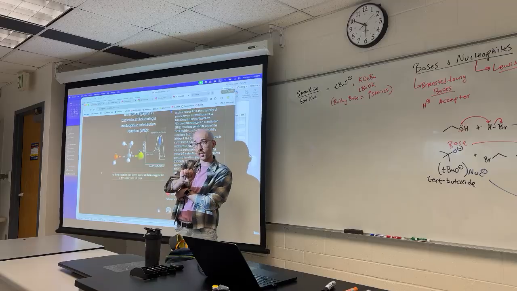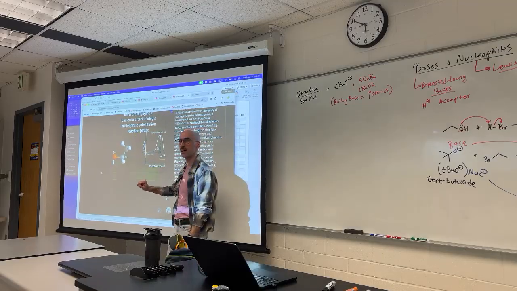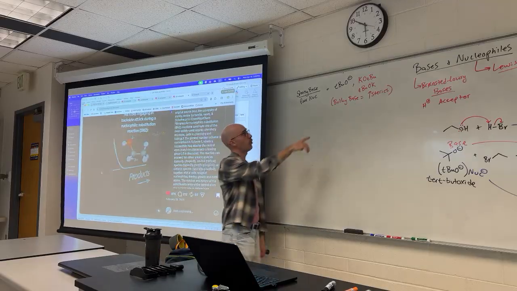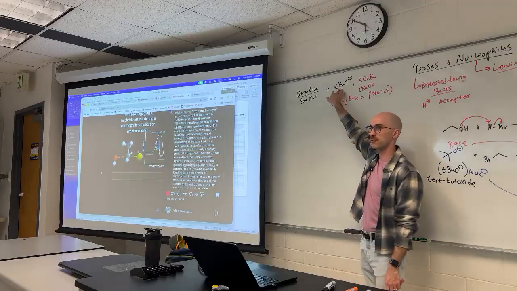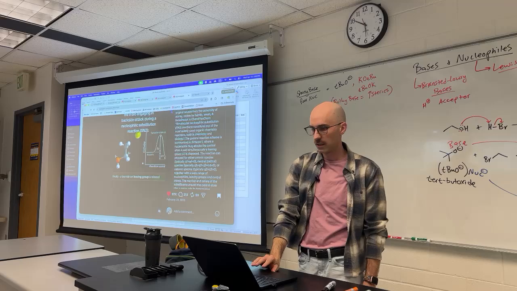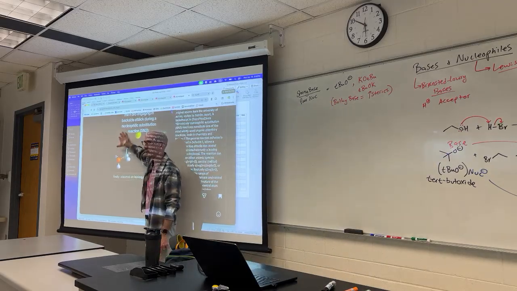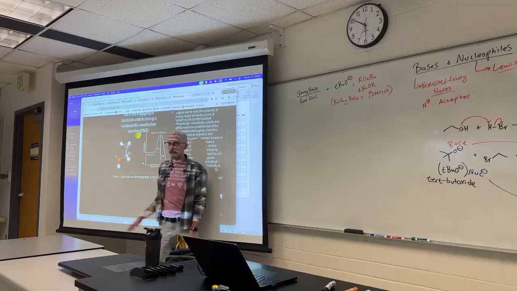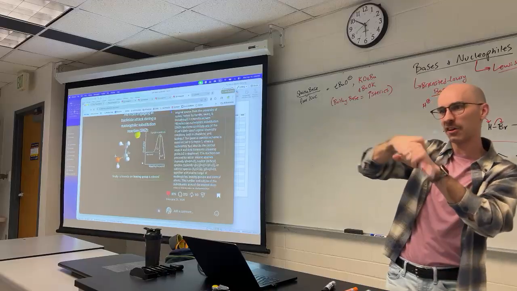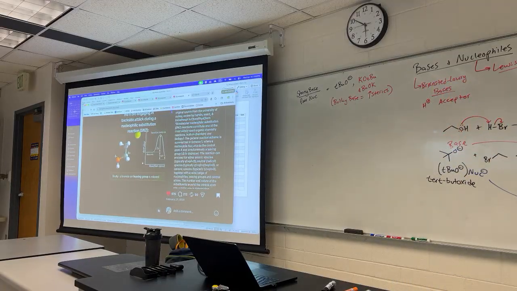So when it comes close to the carbon, it doesn't have to fight for space because it doesn't take up a lot of space. If I substitute OH for OC(CH3)3, I'm now taking up a ton of space, and that nucleophile has to fight against all of the rest of the carbon chain surrounding it. Being bulky makes it bad at getting close to that carbon. Makes it bad at being a nucleophile.